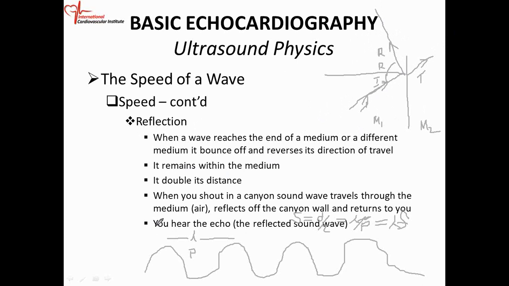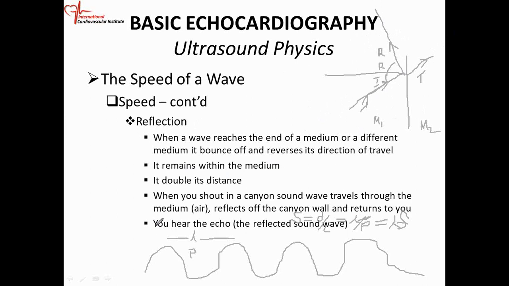So when you hear your echo, what it is saying to you is that the sound is traveling a certain distance from your mouth to the canyon wall. It's reflected off the canyon wall, and it comes back. It takes the same distance though. It is reflected off the canyon wall, and it comes back to your ears, so you hear it.